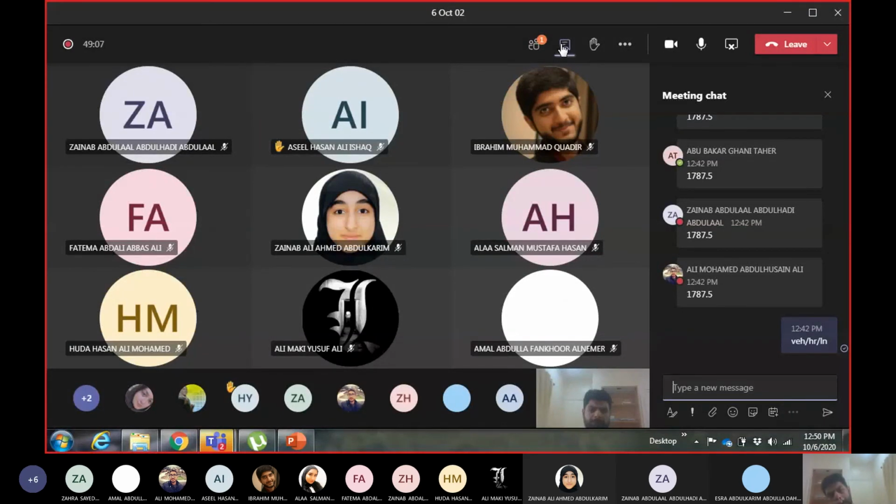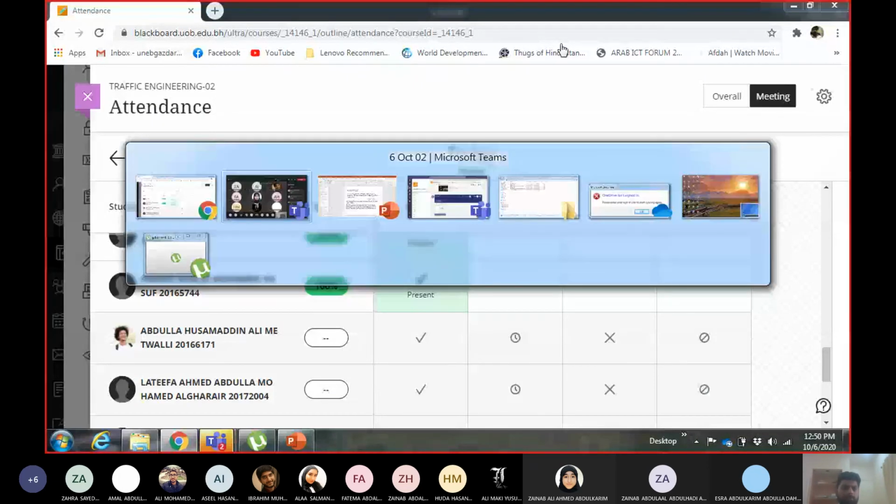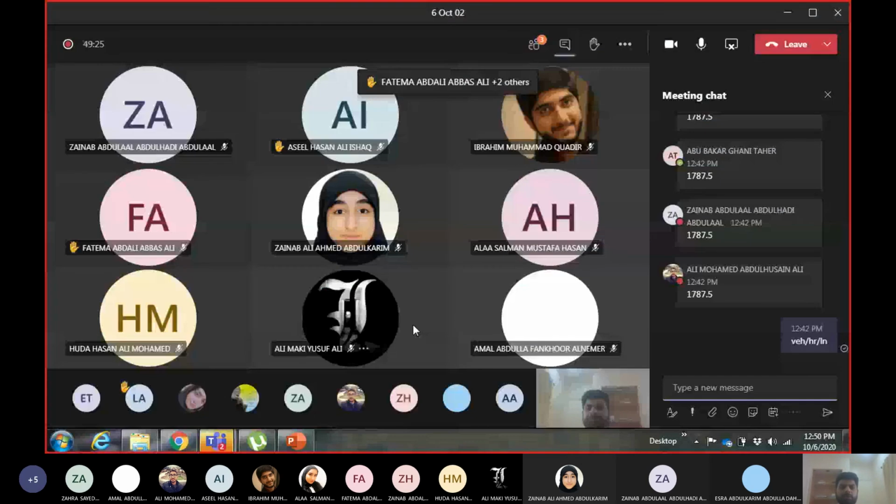Latifa Ahmad. Fatma Abdali. Zainab Abdali. Zainab Abdullah is here. Ala Salman.